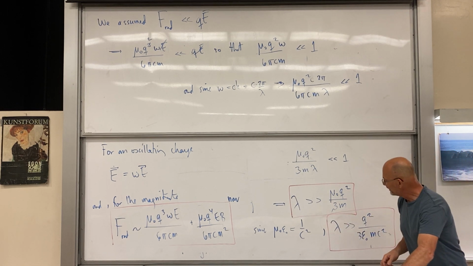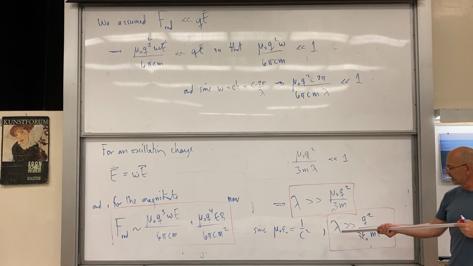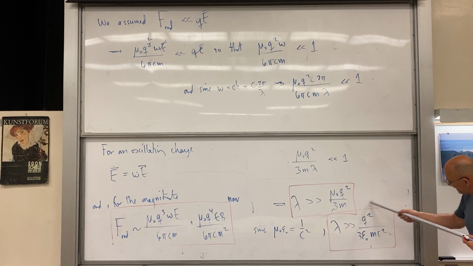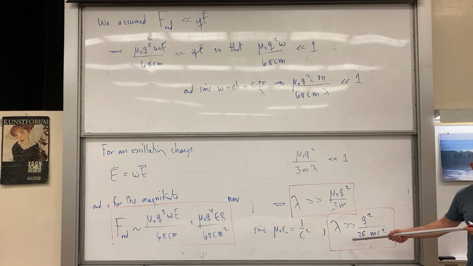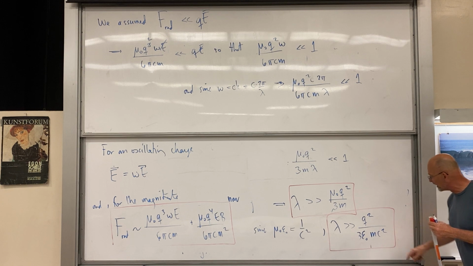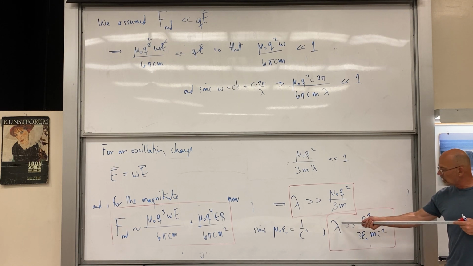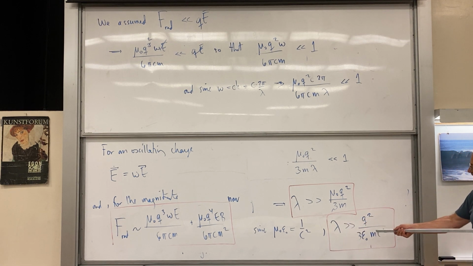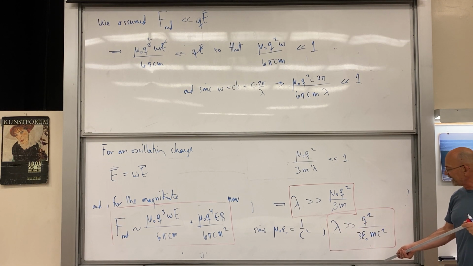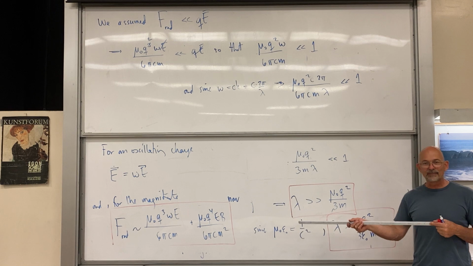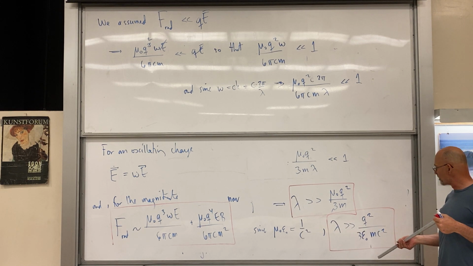So what we're saying is the wavelength of our radiation has to be much greater than this interesting quantity here. The 3 doesn't really concern us. The q squared over epsilon naught times m c squared. So there's a limit on how small the wavelength can be and classical electrodynamics still be consistent. Again, the consistency was we're having the radiation damping be sufficiently small.